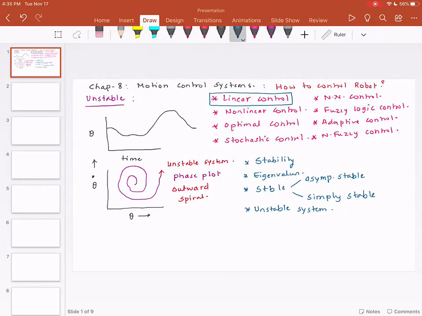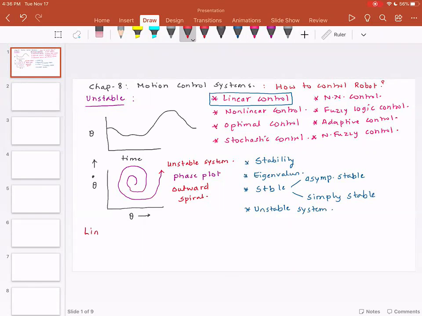Now, in today's class, before we get into the details of controls, I have to make sure that everyone understands the concept of stability. What do we mean by eigenvalues? How does the stability depend on eigenvalues? What is the implication of moving the eigenvalues and so on? So let me give you the very basic fundamental principle of linear control.